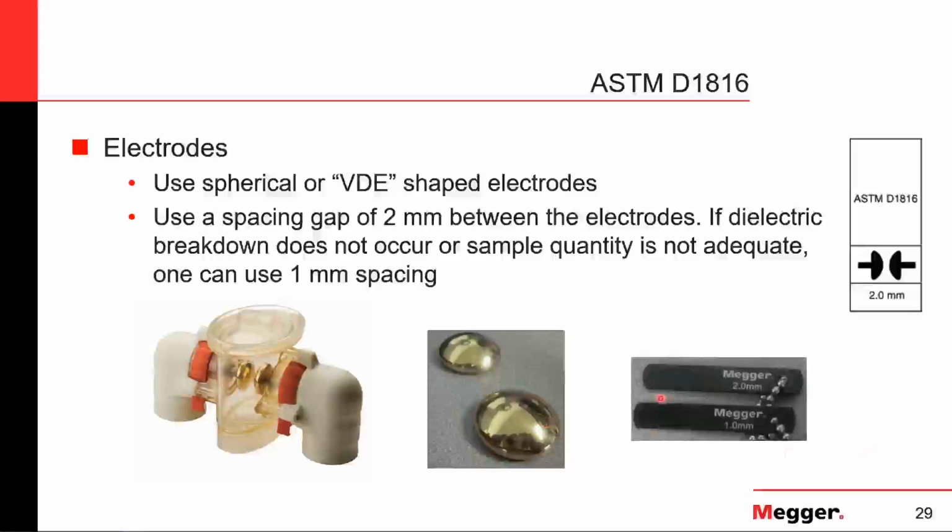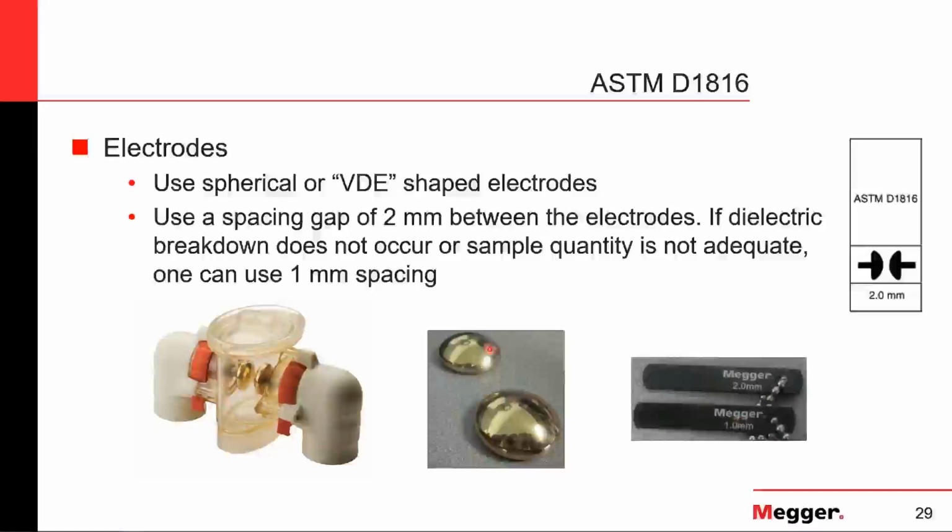As for ASTM D877, there is no stirring of the oil during the test. Another difference is the rise rate for the test voltage. For ASTM D1816, it is much lower, 0.5 kilovolts or 500 volts per second, versus 3,000 volts per second for ASTM D877.